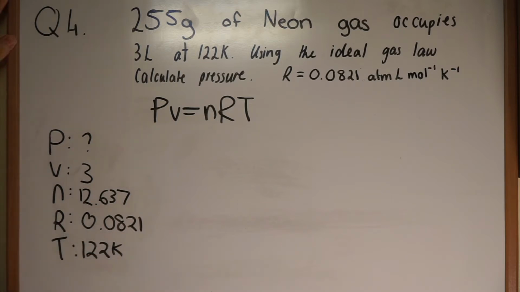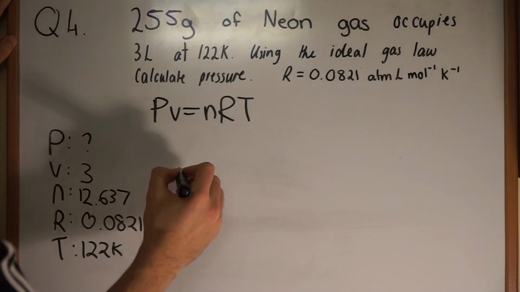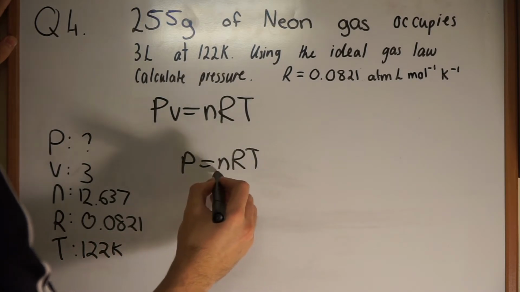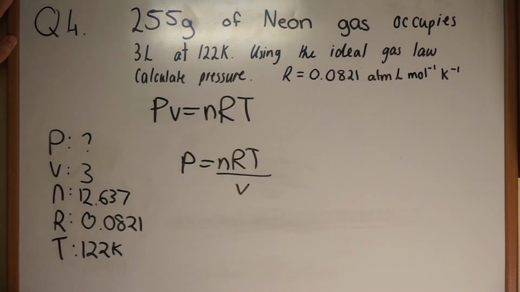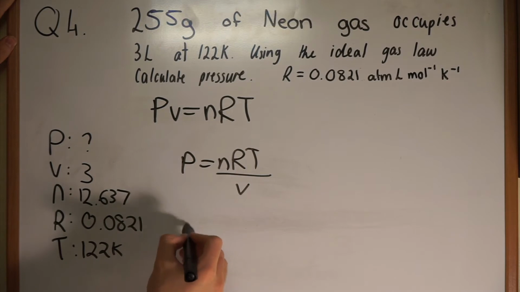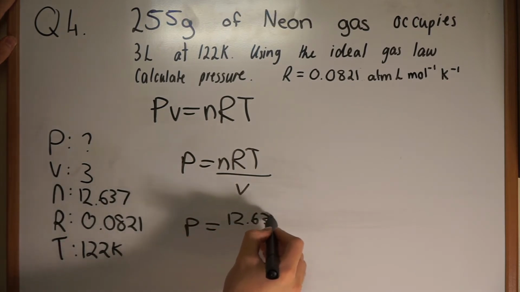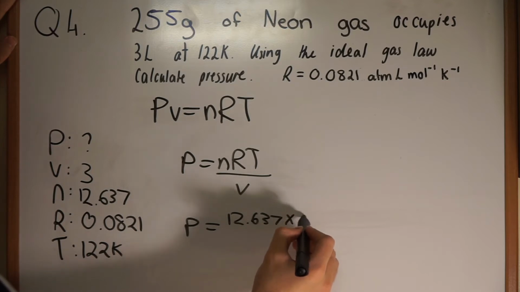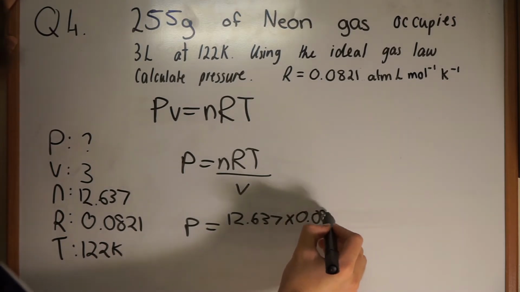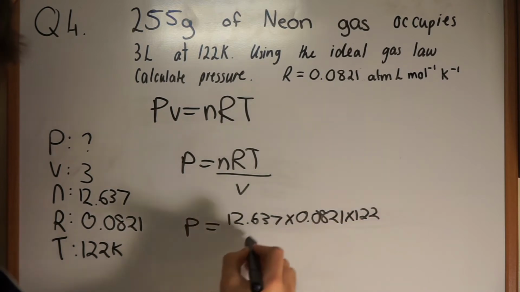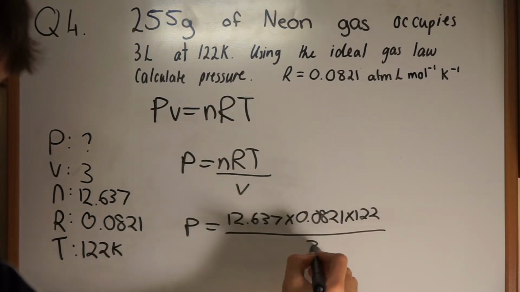Now, if we rearrange the equation, we should get P equals nRT all divided by V. Substitute everything in and you'll have P equals 12.637 times the constant times the temperature, all divided by the volume.